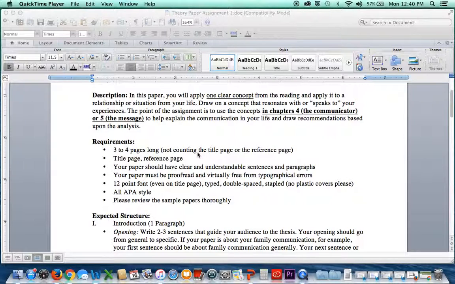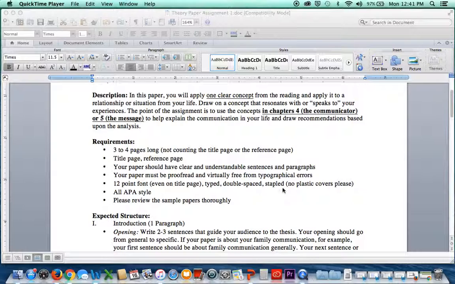So here is the overview. 3 to 4 pages. That does not count your title page or your reference page. So 3 to 4 pages of actual writing. You should have a title page and a reference page. Clear, understandable sentences, must be proofread, virtually free from errors. Of course, I don't mind a little typo here and there, but it should be readable. I don't take off a whole letter grade for typos. Lord knows I would lose credit on a lot of my work. 12-point font, even in the title.